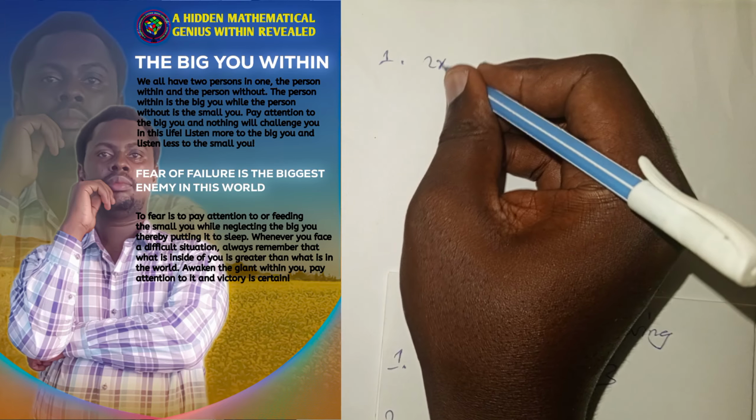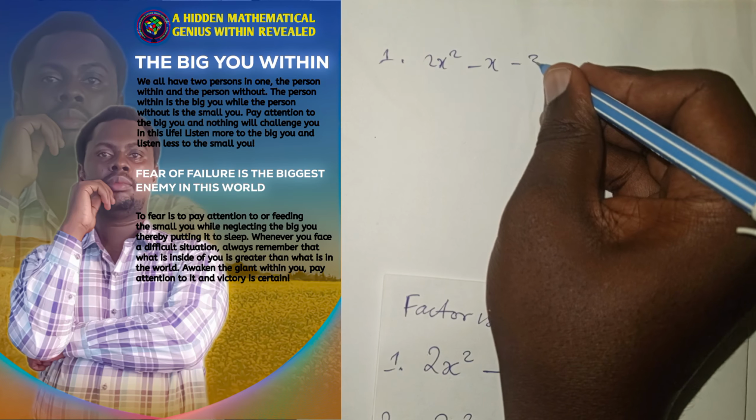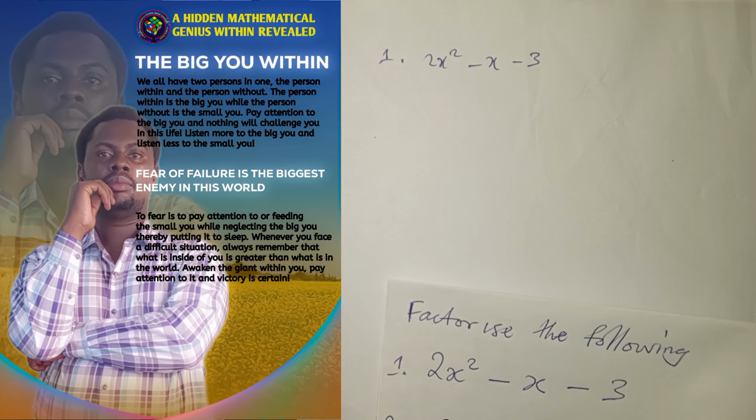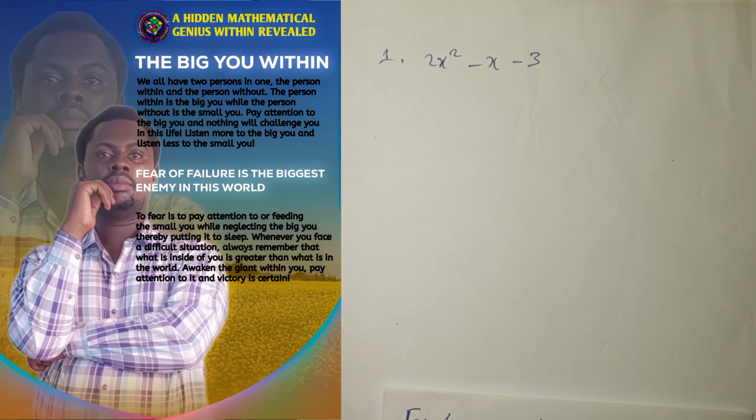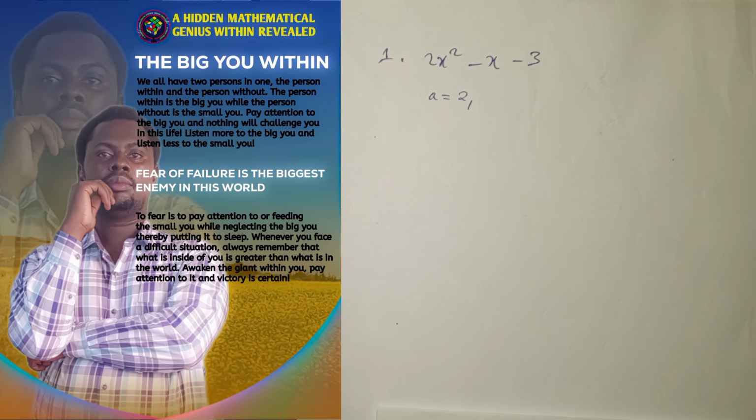So we have 2x squared minus x and minus 3. So the first thing to do is to determine the values of A, B and C. A is just the coefficient of x squared, the number in front of x squared. So according to our expression, our A is 2. B is the coefficient of x, the number in front of x.